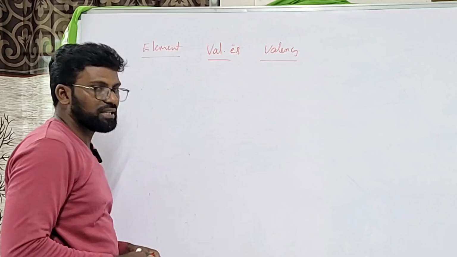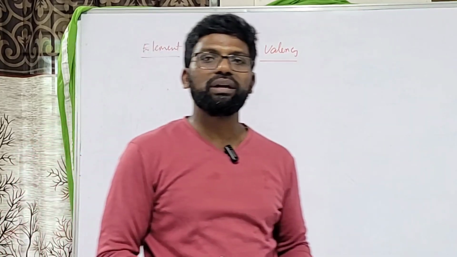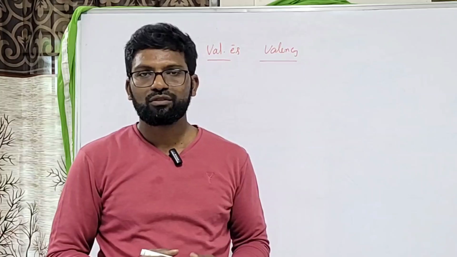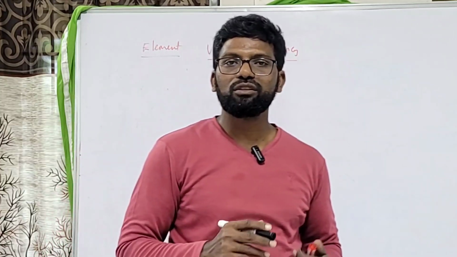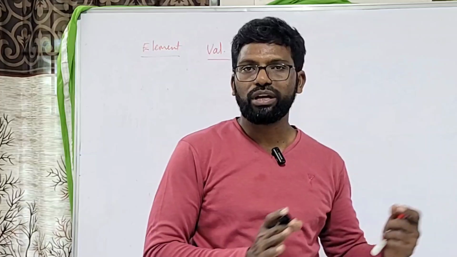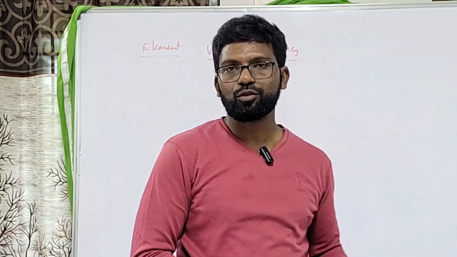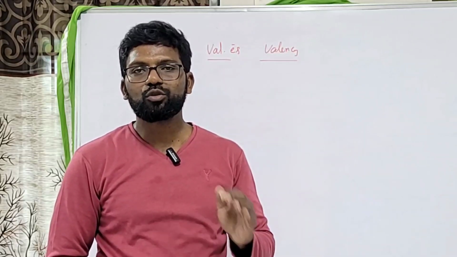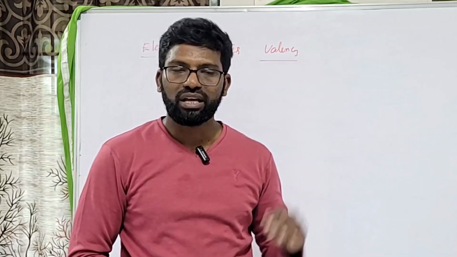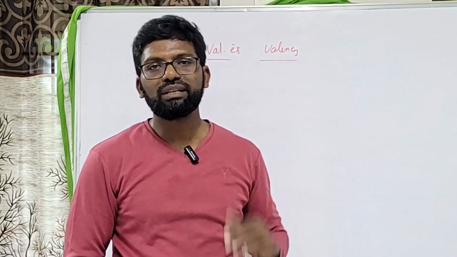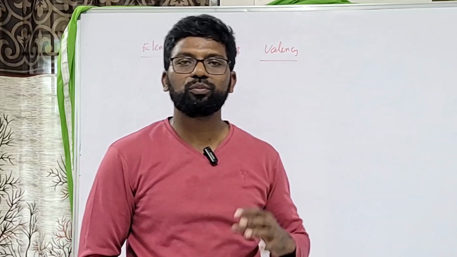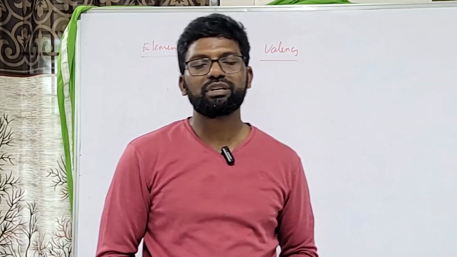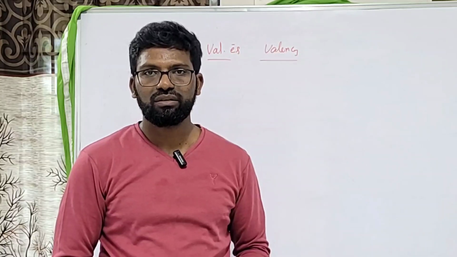And what is valency? Valency is the combining capacity of an atom. In the periodic table there are 18 groups, first group to 18th group. The 18th group elements are noble gases, which do not participate in chemical reactions. Except for the noble gases, the remaining elements, that is the first group, second group, third group and so on, all participate in chemical reactions.